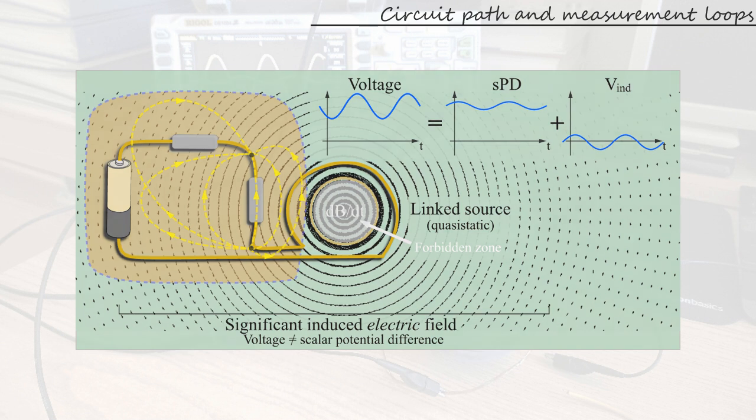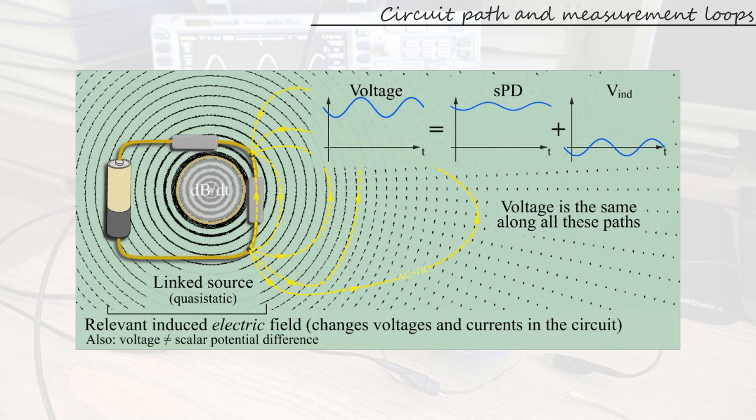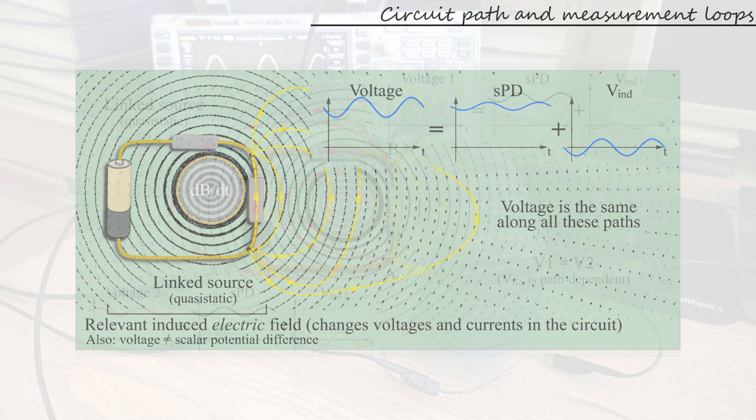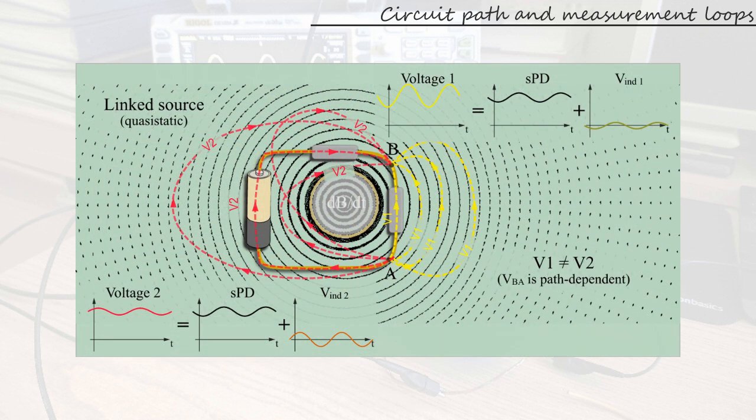There are circuits, though, where the source of variable magnetic field is positioned in such a manner that it is practically impossible to identify a circuit path that does not include it. When this happens, there will always be branches of the circuit that have the same endpoints in common, but will have different voltages along them.